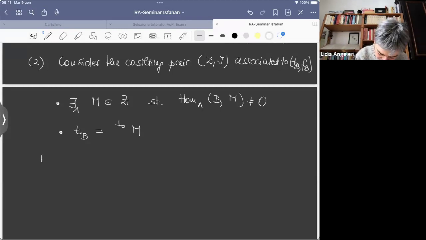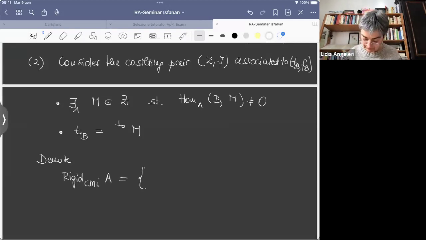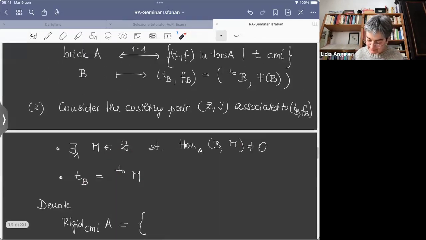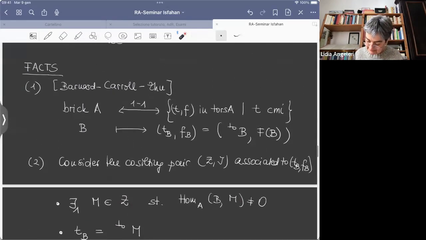And so now I can finally explain what this strange notation rigid CMI of A was, because now this module M that we get here is contained in a cosilting set, so it is a strongly rigid module, and it has the property that this torsion-free class coincides with F_B, so it is completely meet irreducible.